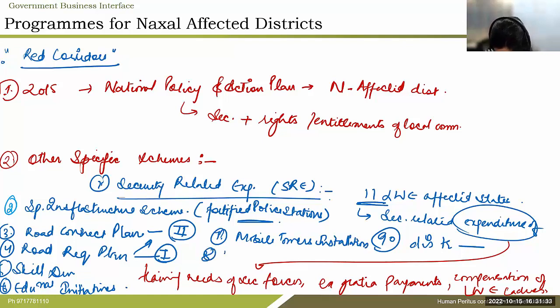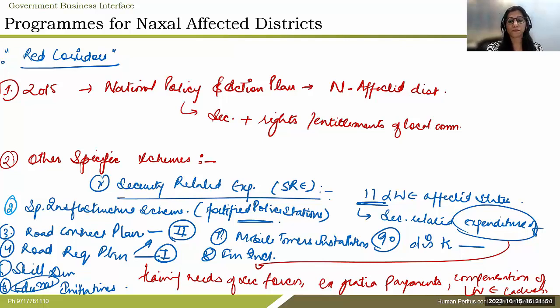Also, financial inclusion such as new branches and new ATMs, and education incentives, such as new KVs, Kendriya Vidyalayas, and Jawahar Navodaya Vidyalayas should be set up in such cases. All right, so these are the programs for Naxal affected districts.